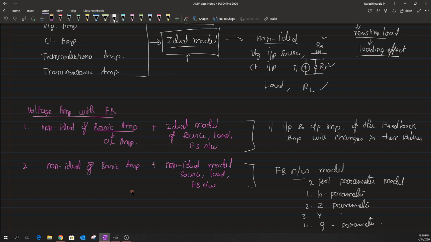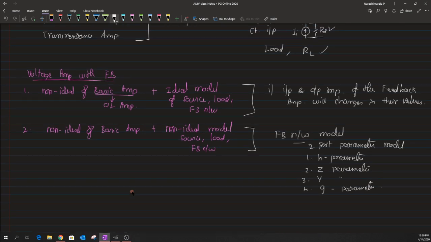I guess these are the models that we will be using. I guess G, yeah, I'm not pretty sure about this. So these are the different two-port models that would be used in order to model the non-ideal model of the feedback network.